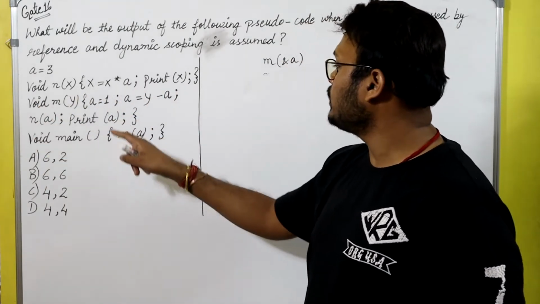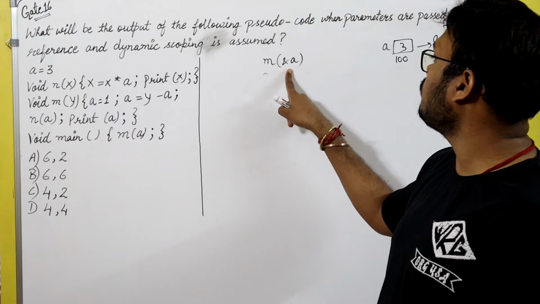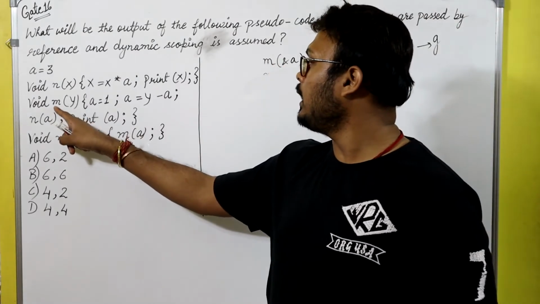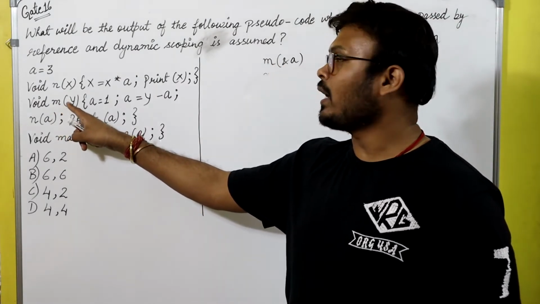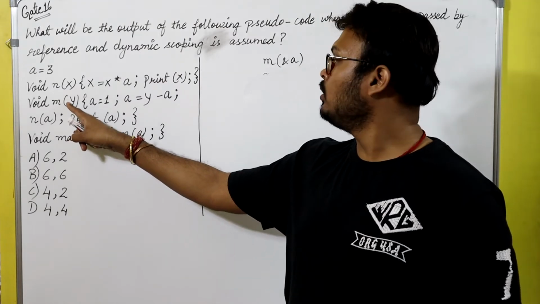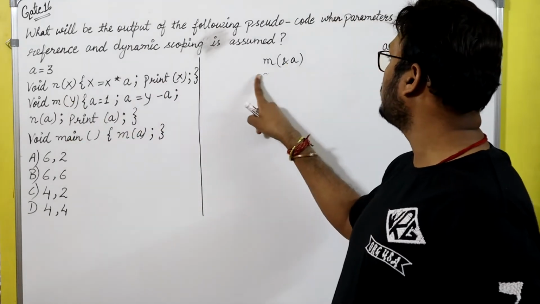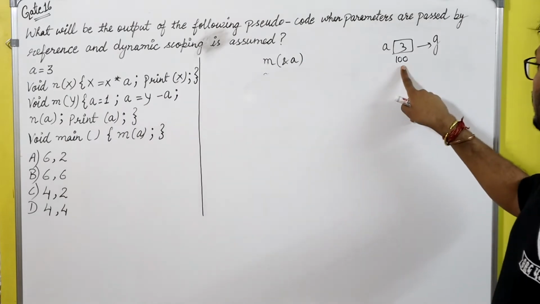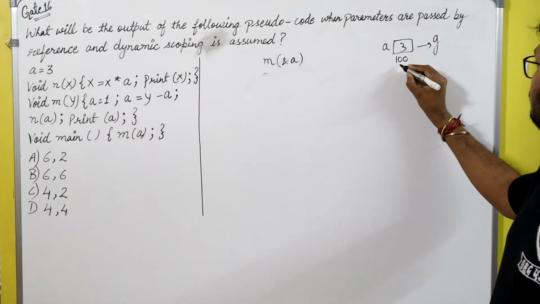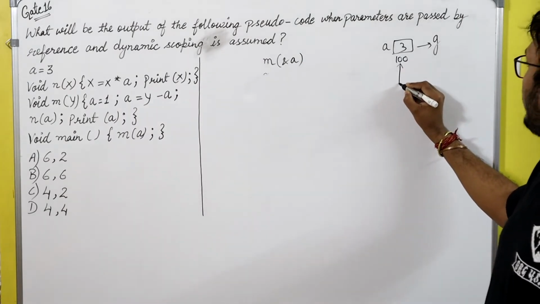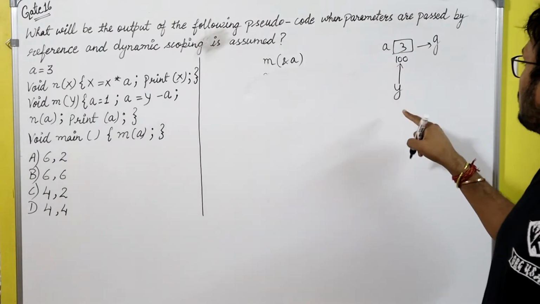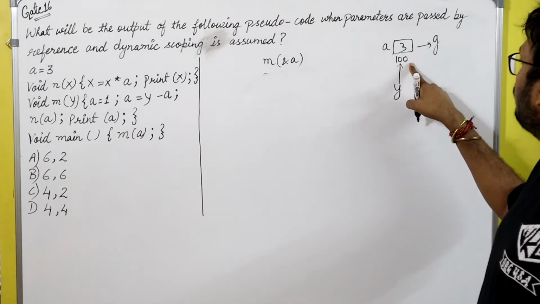So in the m function, since the address of a is passed, y is a pointer. Y is a pointer to this address. It means y is holding the address of a.